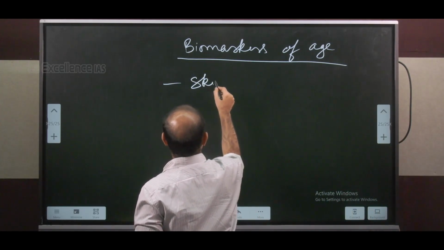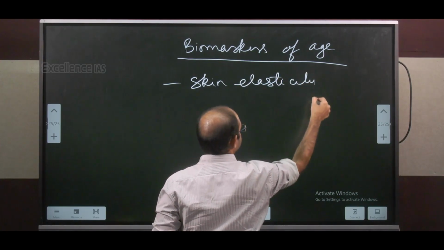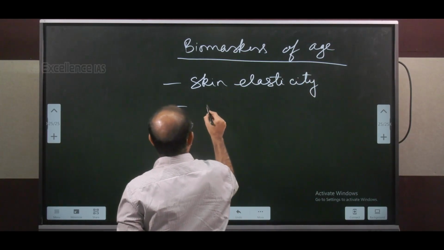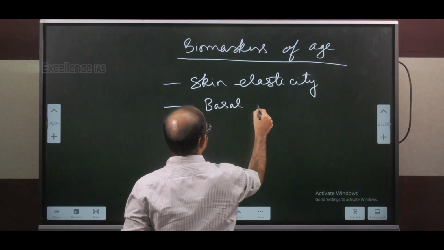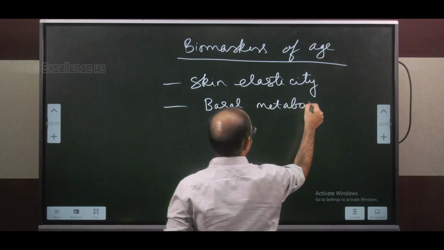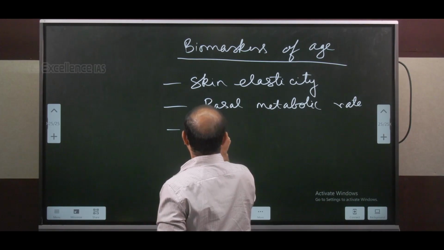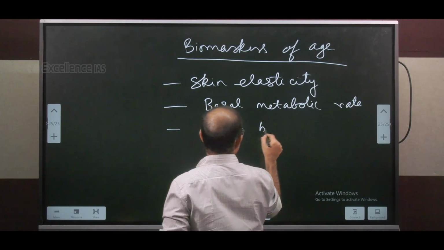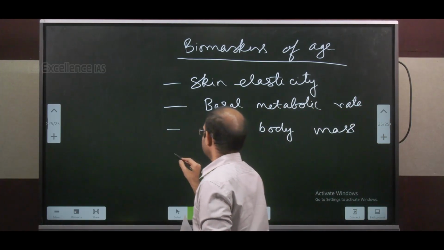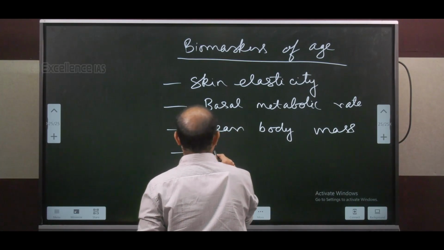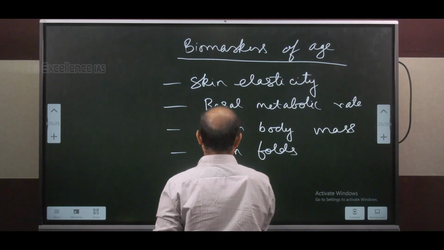This can include things like skin elasticity, basal metabolic rate, lean body mass, to what extent do we still have lean body mass, and other things like skin folds, graying of hair.